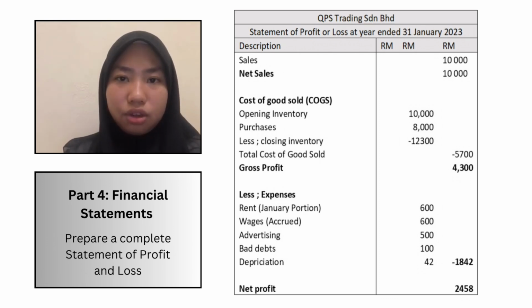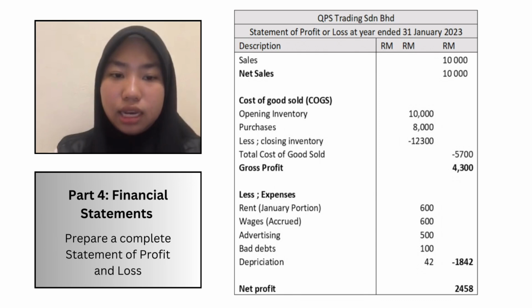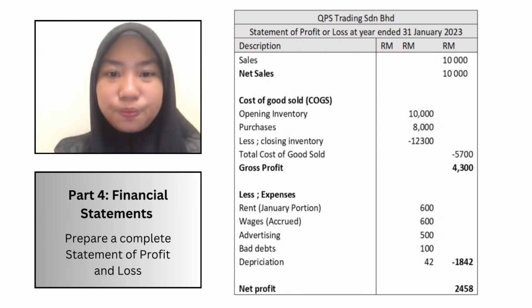In conclusion, this financial statement highlights QPS Trading Sdn Berhad's ability to generate profit despite the unusual adjustment in COGS. The company demonstrates strong financial management by keeping expenses relatively low.